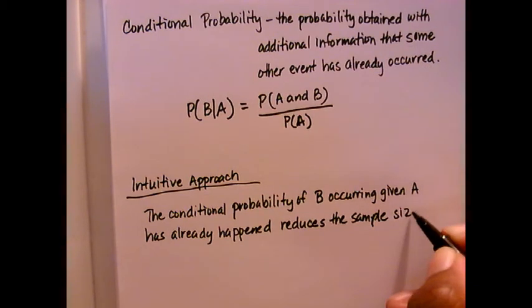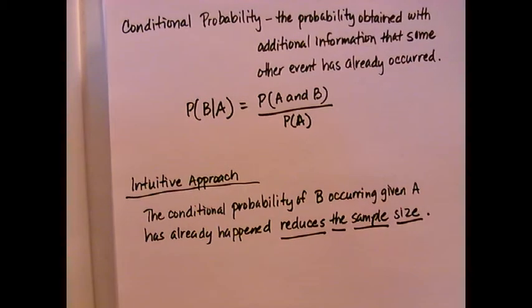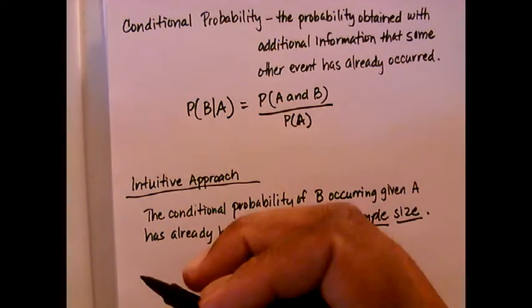And that's very important. Okay? When you take the conditional probability of B occurring given A has already happened, you're going to end up reducing your sample size. Okay? And the reason for that is this.